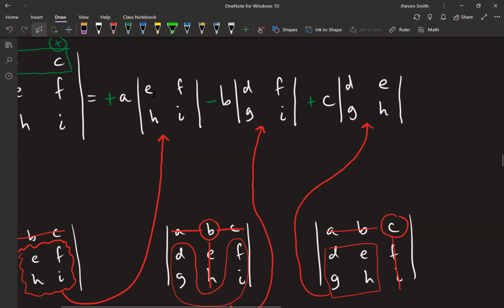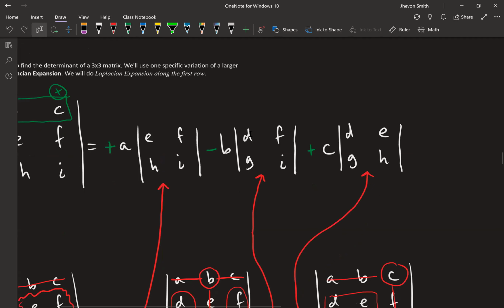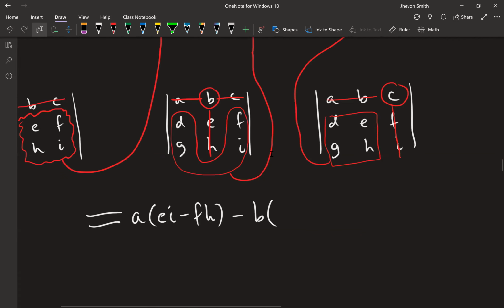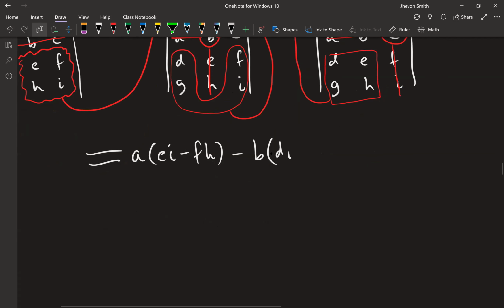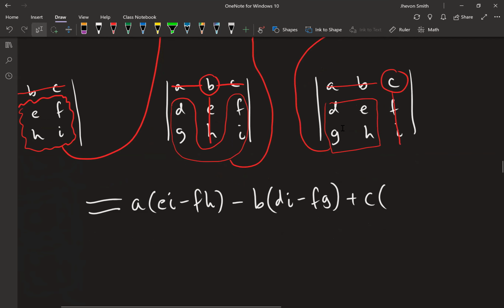It's going to be A times EI minus FH, minus B times DI minus FG, plus C times DH minus EG.